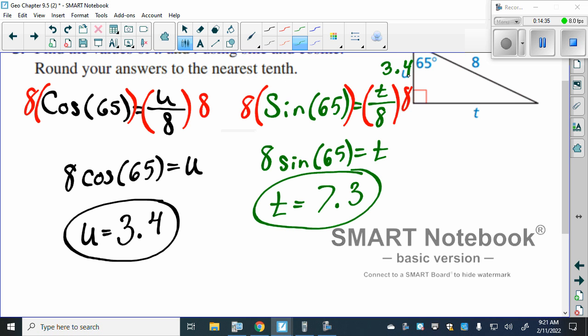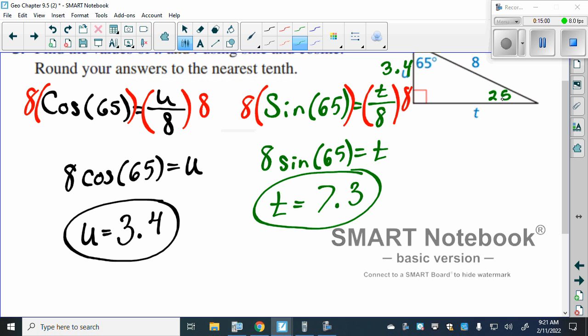And we know that this angle down here has to be less than 65, because 65 and this angle down here add together to be 90. They all three add together to be 180. And it actually works out to be 25. So u has to be the smallest side length. T has to be between the two. So it makes sense that t ended up being bigger than 3.4 and less than 8.